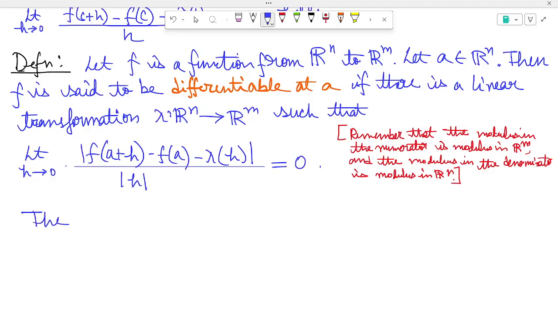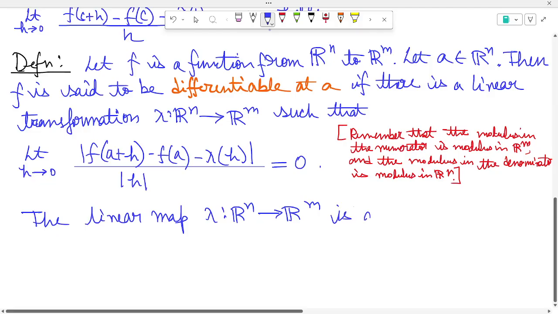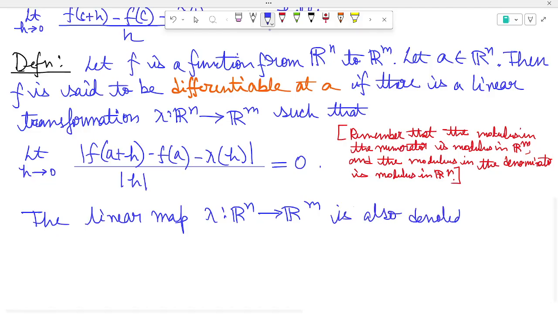Sometimes the linear map, or linear transformation, lambda which we earlier defined from Rn to Rm is often denoted in some books by df(a). d stands for differential.